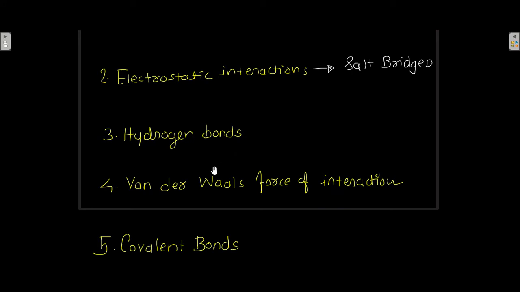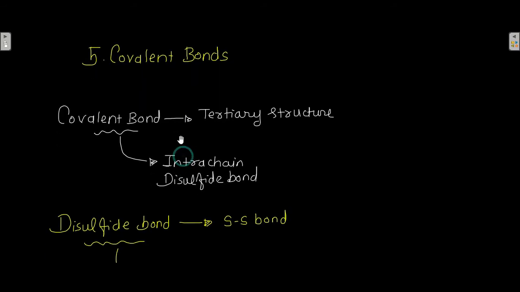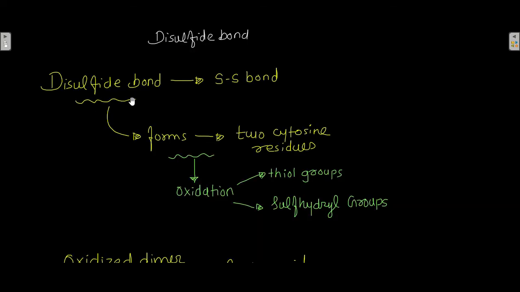Now let's discuss more about the covalent bond. The covalent bond which is present in the tertiary structure is the intrachain disulfide bond. Okay, the intrachain disulfide bond is what this covalent bond of the tertiary structure is. Now this disulfide bond, which is also known as the S-S bond, forms between two cysteine residues.